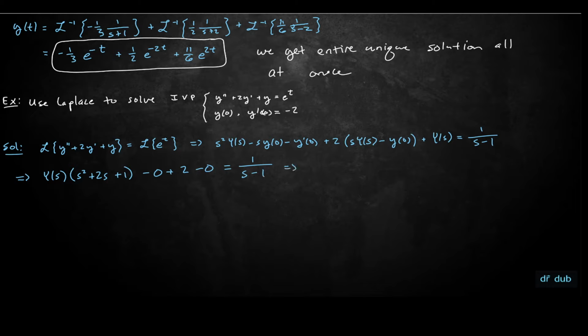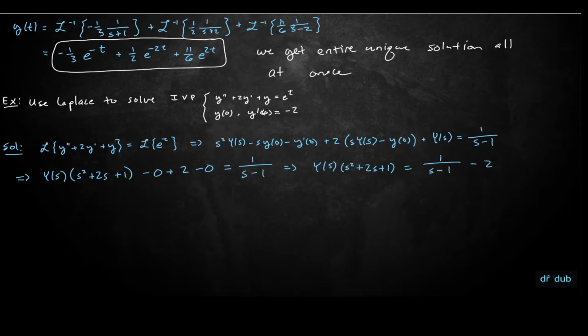And we can further simplify. Keep that factor on the left: Y of s times s squared plus 2s plus 1 equals 1 over s minus 1 minus 2.